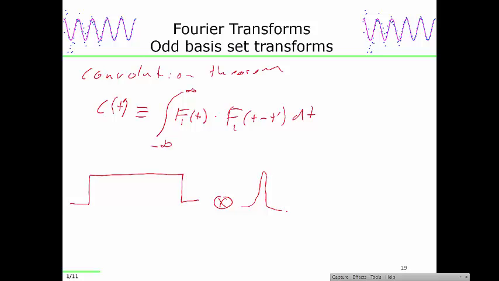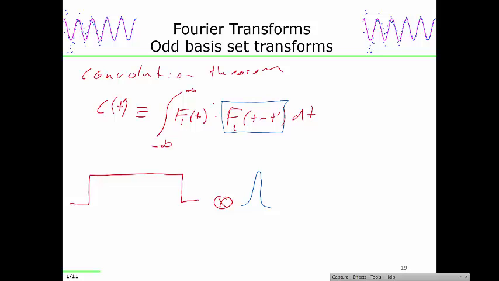So what does convolution look like? Well, I'm just going to make this blue. And it might be that function, for example. What we get when convolved is this t minus t prime.